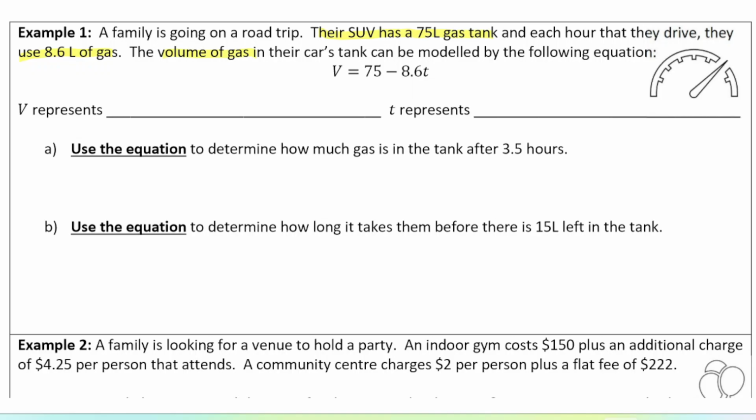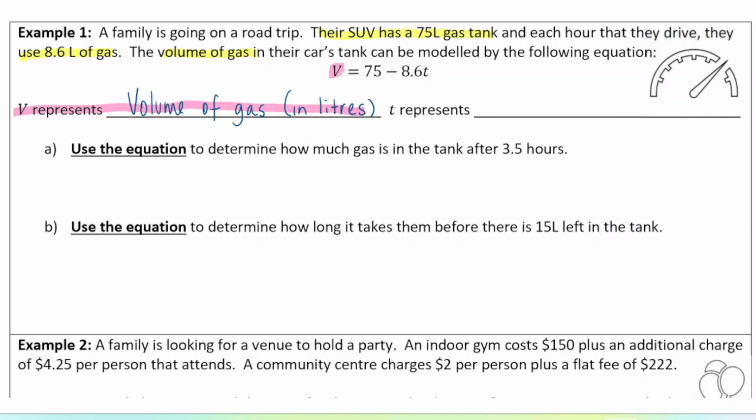First thing we're doing here is figuring out what our 2 variables in the equation represent. So we have V, which usually you can kind of tell by the first letter. We're talking about volume of gas here, so V would represent the volume of gas. And you want to be specific. If there are units we're measuring in, you should say so. It mentions in the question liters, so it's volume of gas in liters.